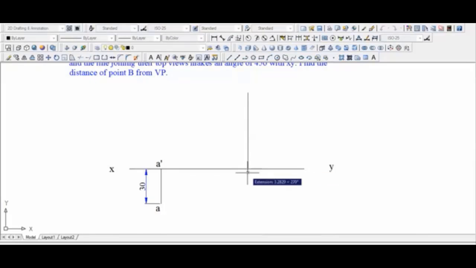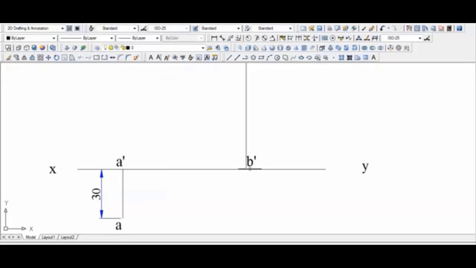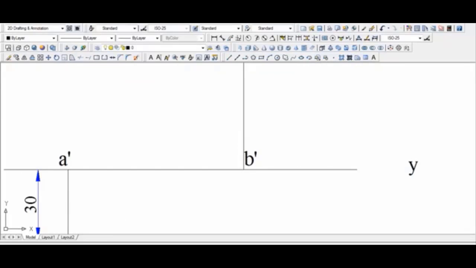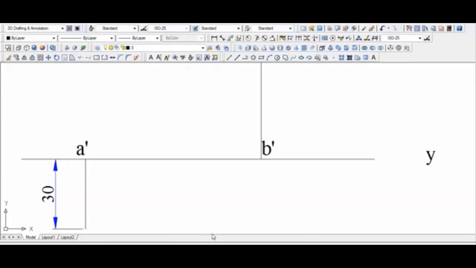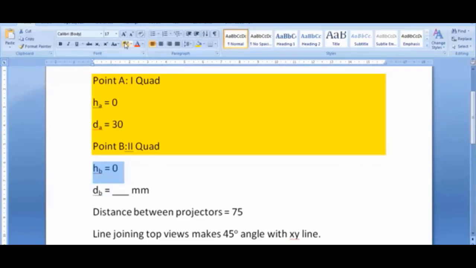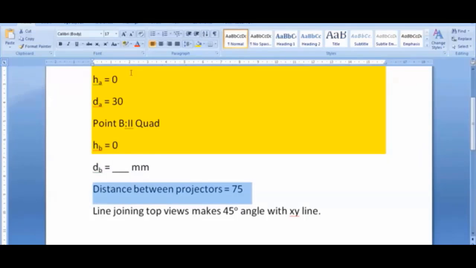That means it is exactly here, and with H you need to put a dash. So this particular point over here is nothing but B dash. Fortunately or unfortunately, the value of H is 0, so the front view is going to lie exactly on the reference line. Now we have used almost all the data that were made available to us by the question, and this also has been used.